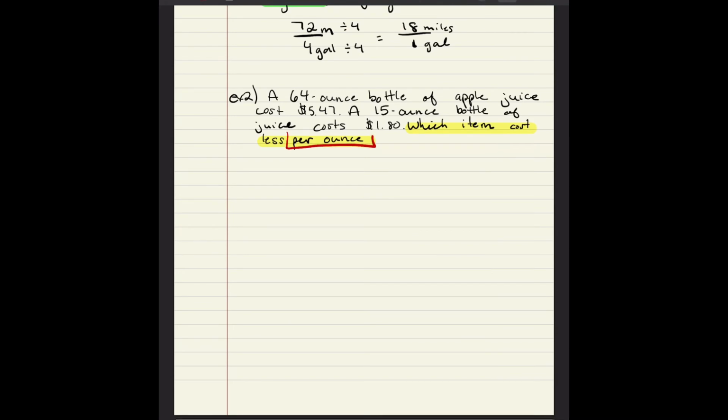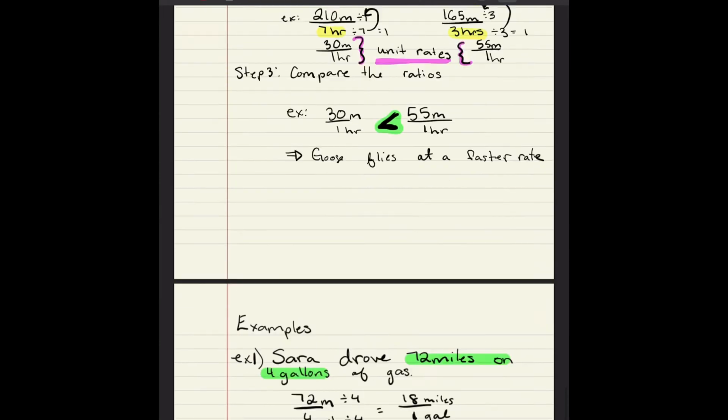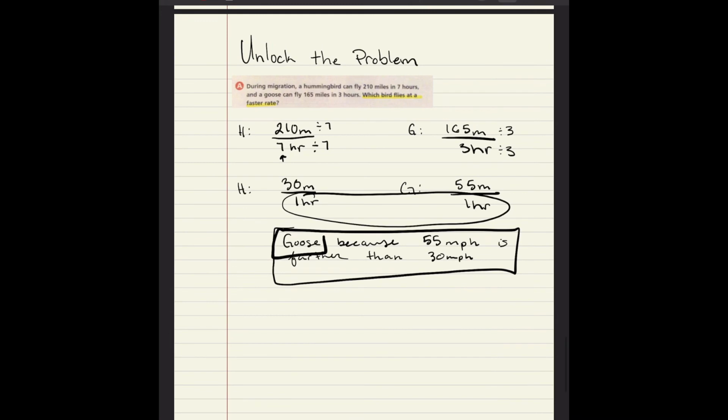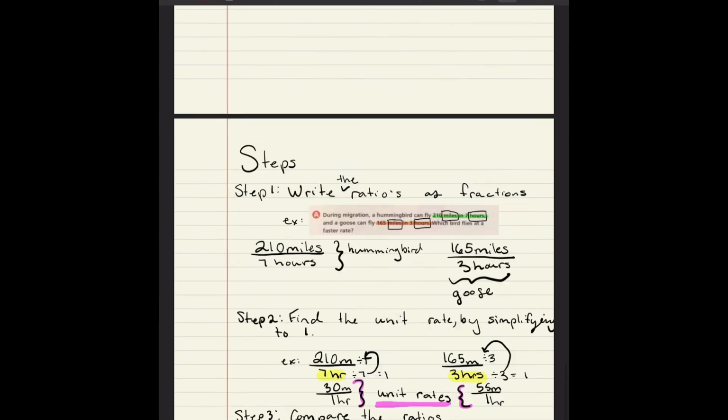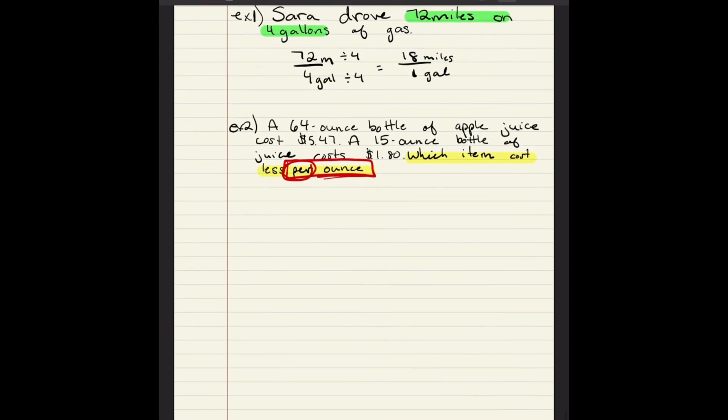The question's asking, which item costs less per ounce? So our big key here is per ounce. Whenever you see per, that means you're going to find a unit rate. And whatever is after that, ounce, is going to be at the bottom. Like when we did our example up here, miles per hour, per gives us the sign that we're finding the unit rate, and then hour is after that.